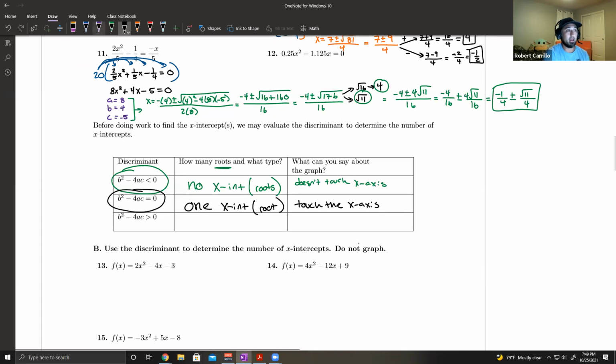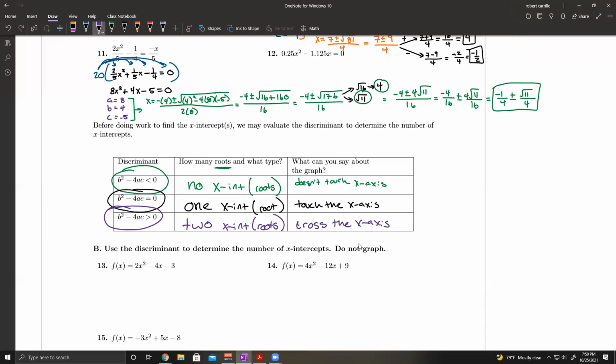And then the last one, if the discriminant is greater than 0, this means you'll have 2 x-intercepts. So you'll have 2 roots. And if you have 2 x-intercepts, this means you cross the x-axis.